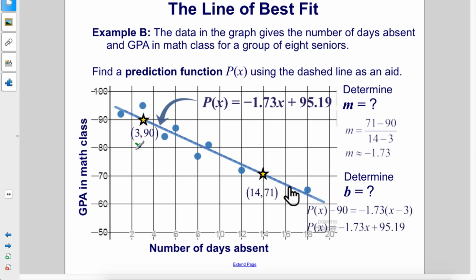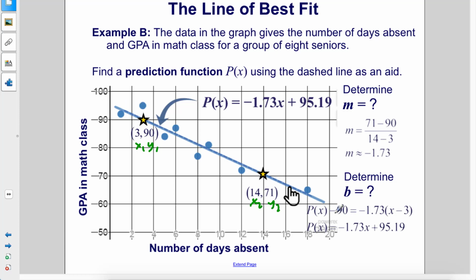We have x1, y1 here, and we have x2 and y2. y2 minus y1, 71 minus 90, over x2 minus x1, 14 minus 3, gives us a slope of around negative 1.73.